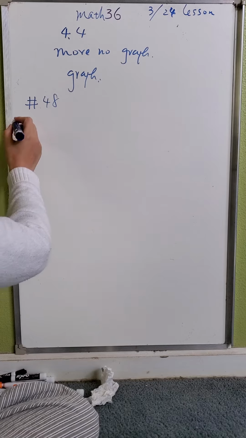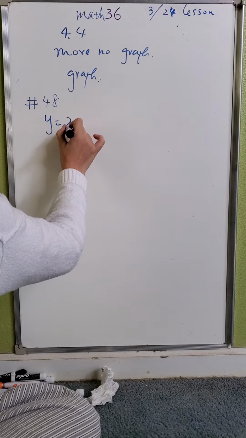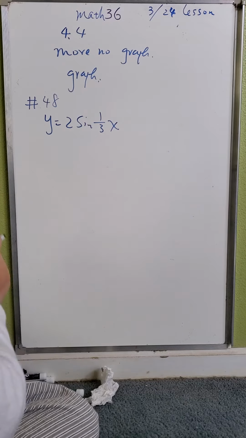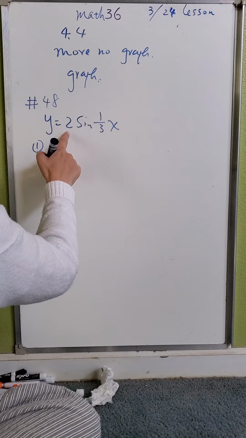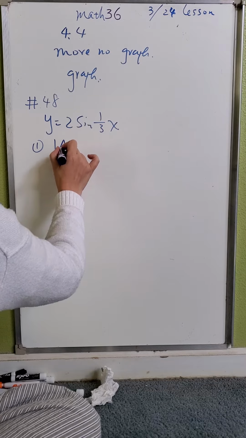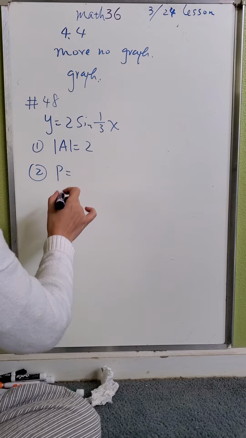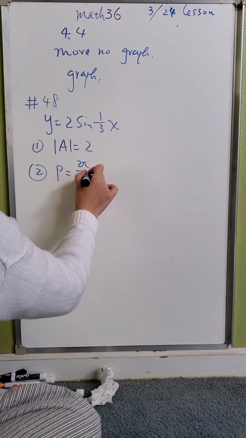We have y equal to 2 sine 1/3 x. So our amplitude is equal to 2. Our period P is equal to 2 pi over 1/3.